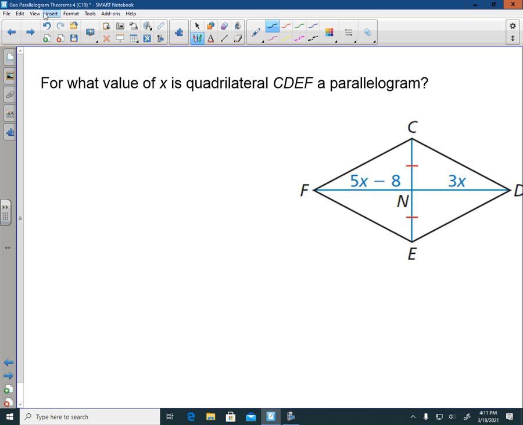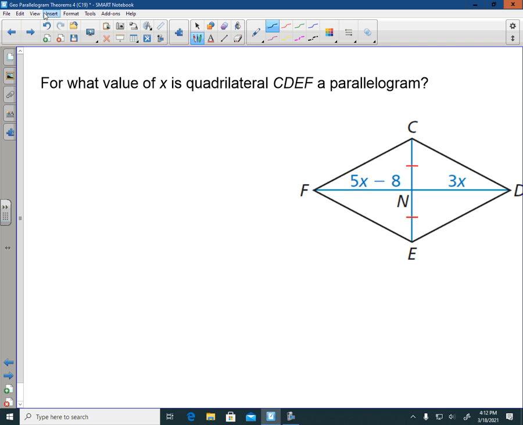So, for what value of x is quadrilateral CDEF a parallelogram? Now, we know that if both pairs of opposite sides are congruent, then it's a parallelogram. But we don't know anything about those opposite sides. We know if both pairs of opposite angles are congruent, then that's a parallelogram. Don't know anything about that. We know if one pair of opposite sides is both congruent and parallel, then it's a parallelogram.